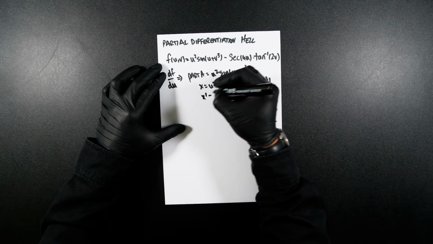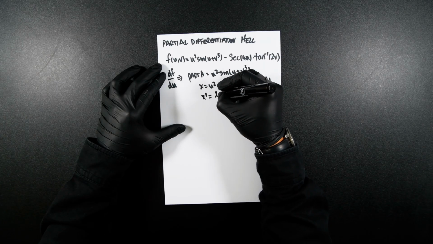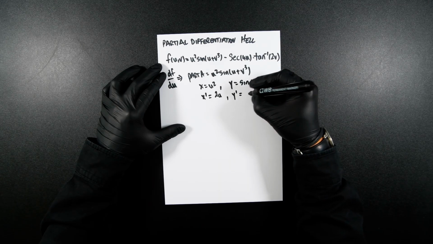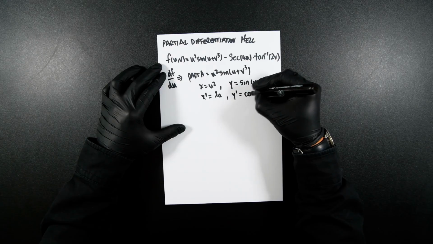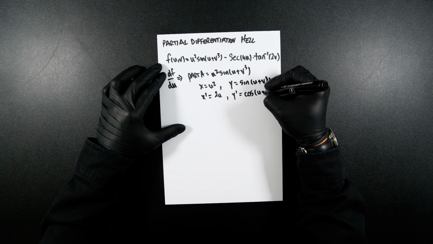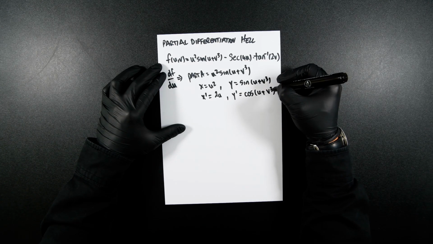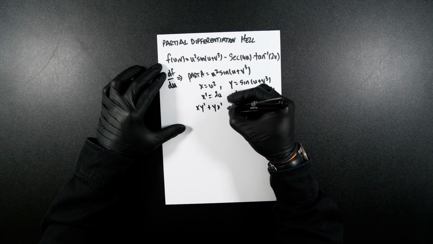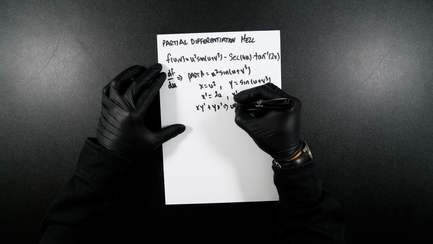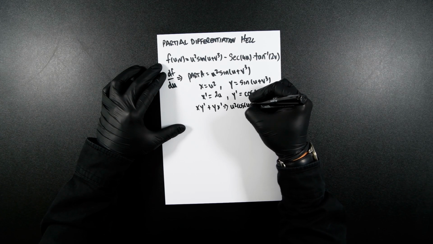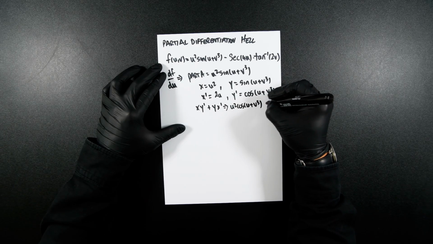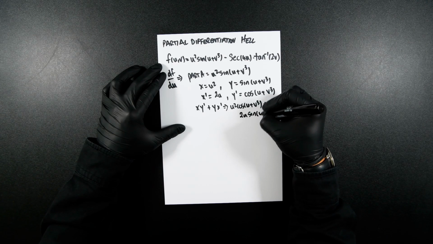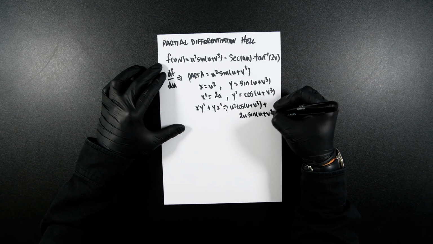That means x differentiated once is obviously 2u, and y differentiated once is going to be cos(u plus v cubed). We now obviously use xy' plus yx', so you're going to now get u squared cos(u plus v cubed) plus 2u sine(u plus v cubed).